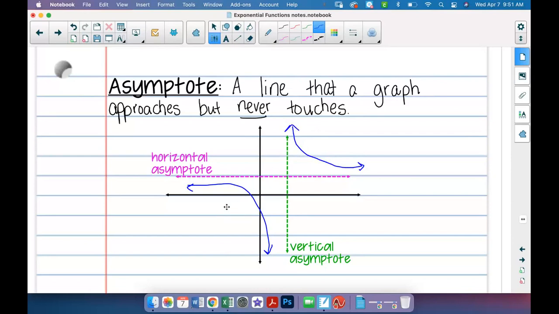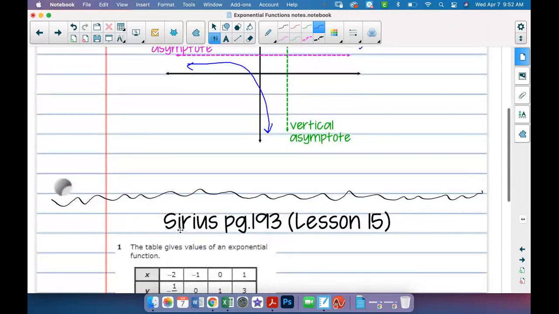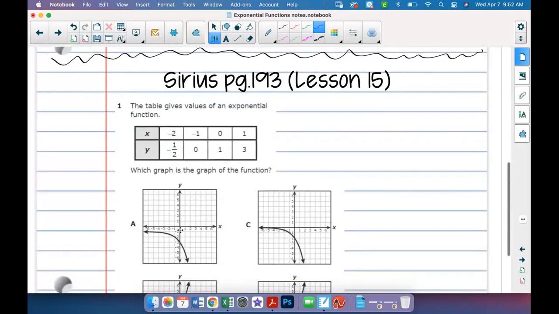So you could have different exponential functions drawn that way. Okay, so for the next part, we're going to work out of our Savvas workbook. If you could take that out, please. And we're going to go to page 193. So Savvas, page 193.